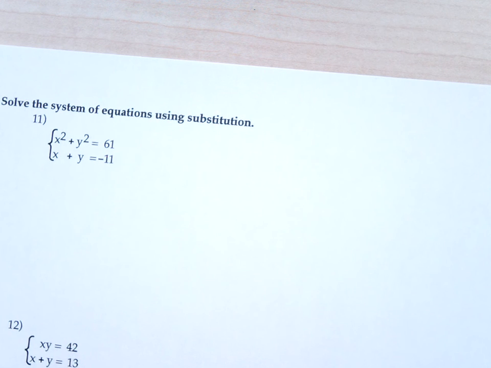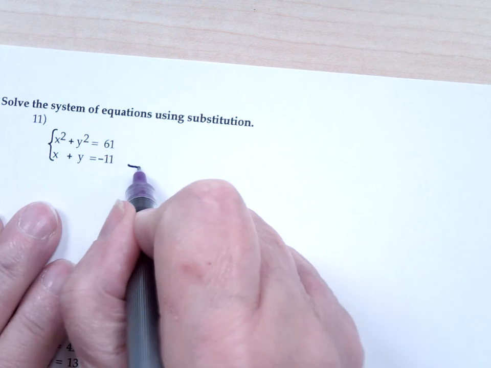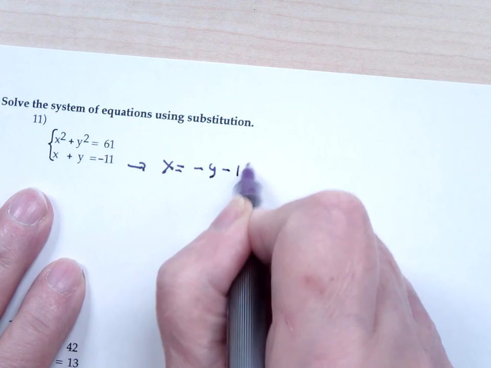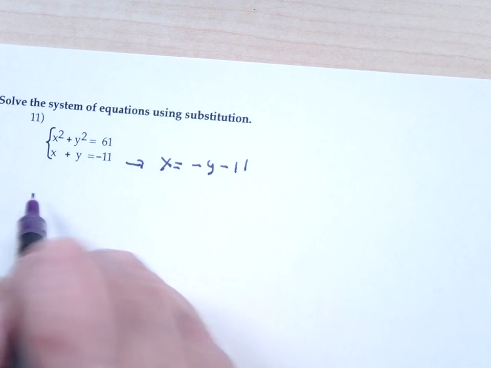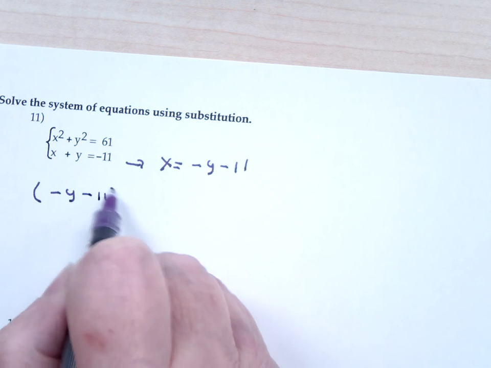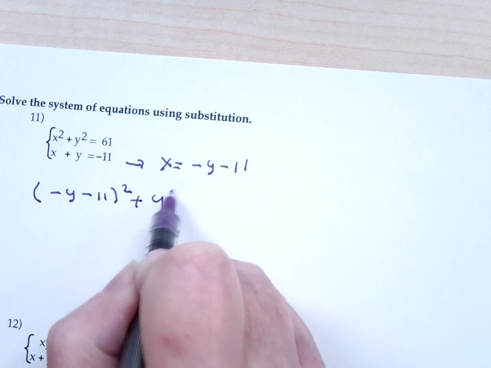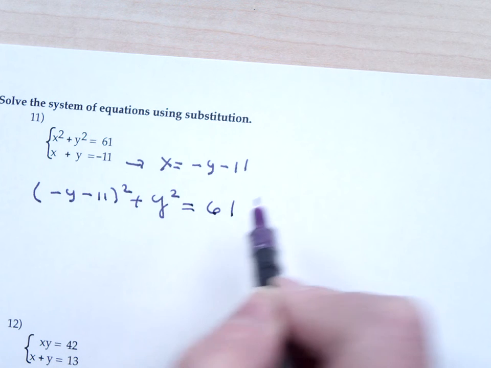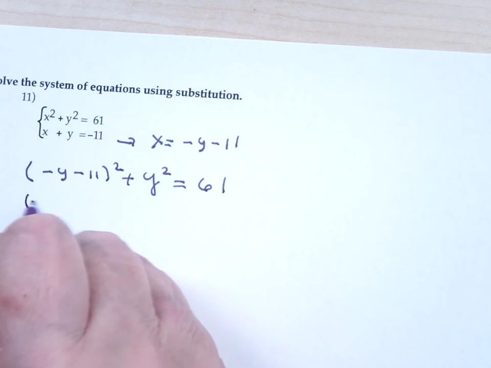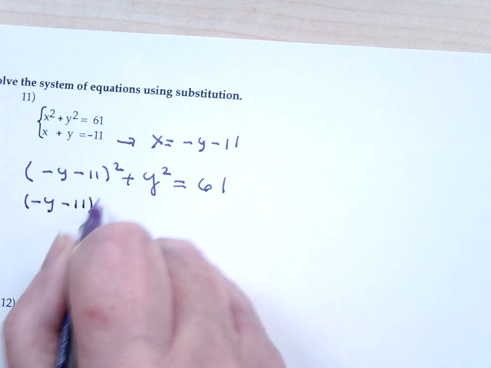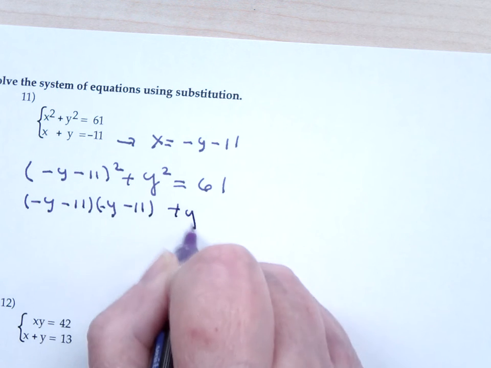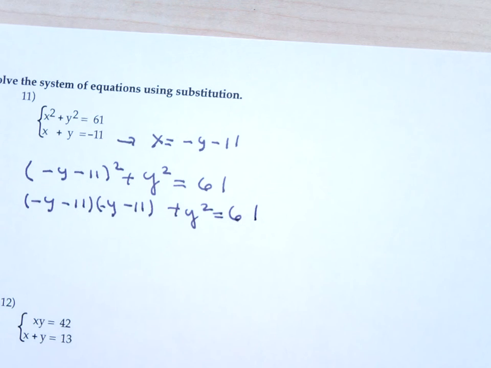Now this is solve the system. Wow. This says that x equals minus y minus 11. Don't like that, but that's what it is. So x squared, which is minus y minus 11 squared, plus y squared equals 61. This is minus y minus 11 times minus y minus 11 plus y squared equals 61.